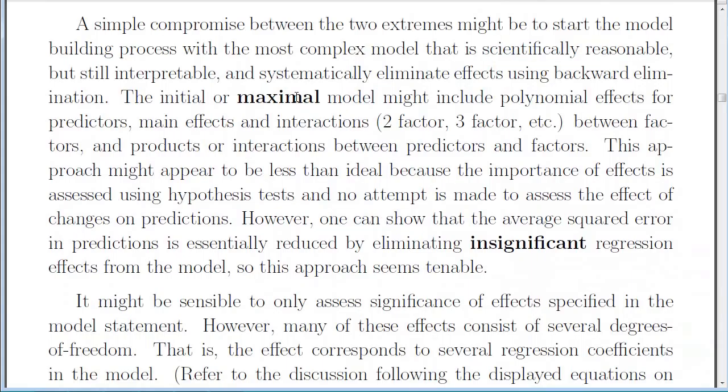Whatever that maximal, most complex model is, we want it to be complex enough to capture all the interesting features of the data, but not so complex that it's basically impossible to interpret. So we often start with a maximal model that has main effects, interactions, and maybe two-factor interactions, and maybe some quadratic terms. And that's often plenty.